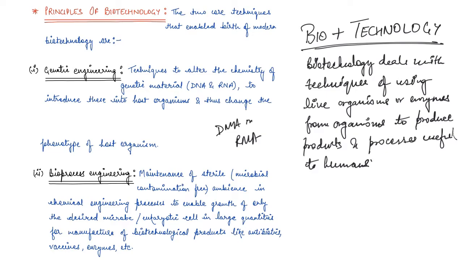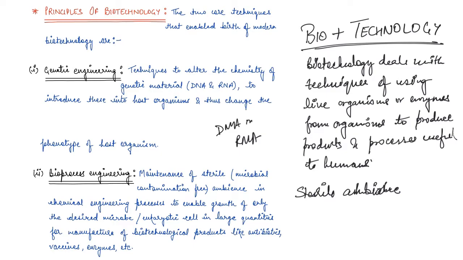Now the second one is bioprocess engineering, right? Now what is bioprocess engineering? So basically guys, what happens is that maintenance of the sterile ambience. What do we mean by sterile ambience? Sterile basically, guys, means that that particular area is free of any microbe, right?